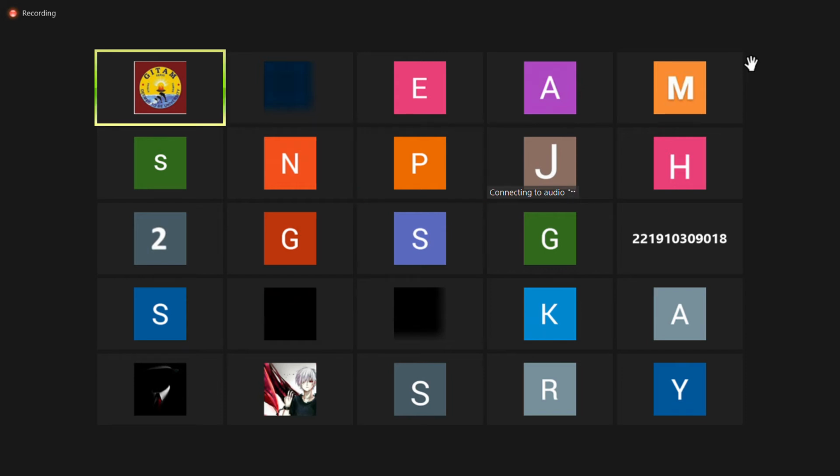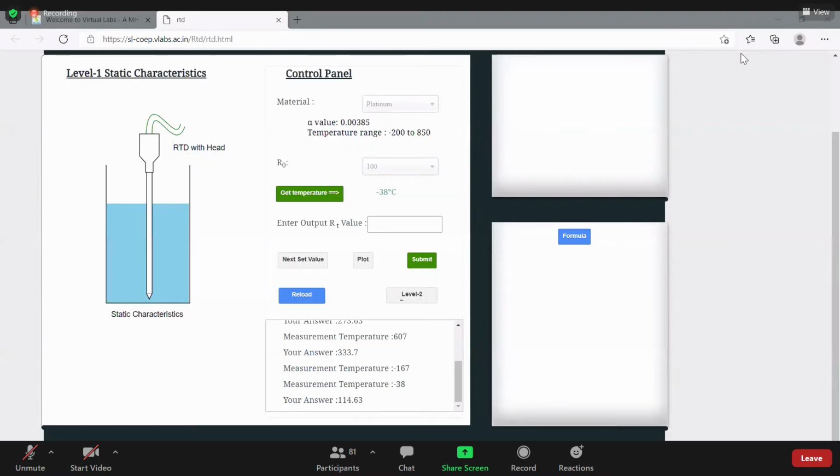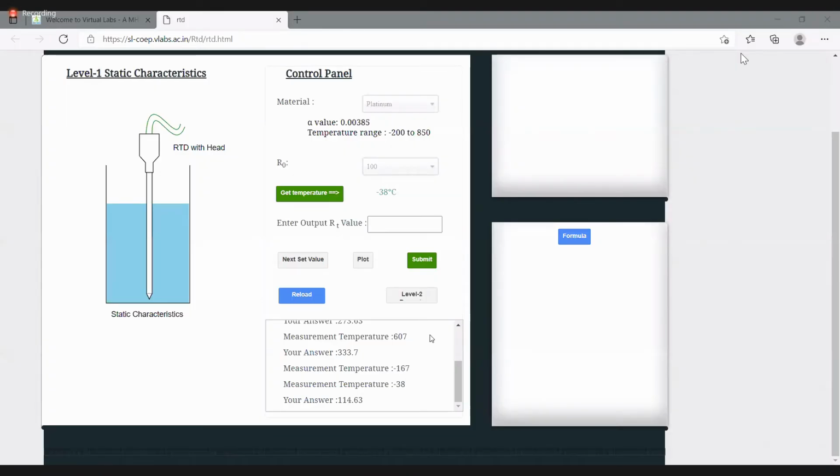CS 11, 49. Share your screen. Calculate the RT value for minus 38 degrees Celsius and show me the plot.